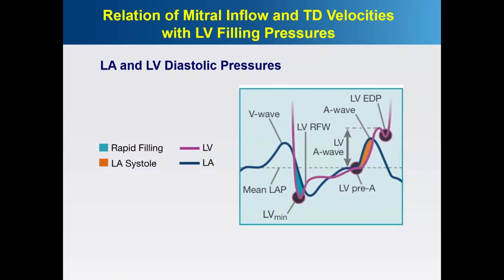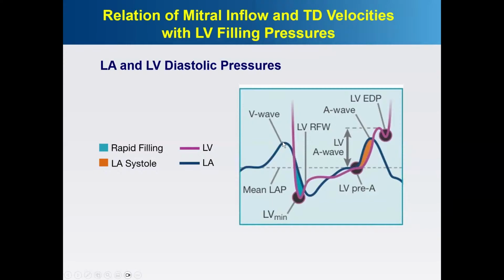The pre-A and end diastolic pressures can be measured reliably with fluid-filled catheters, but we need a micromanometer tipped catheter to look at LV minimum pressure reliably. And that's one of the challenges if one were to look at how we can reproduce these diastolic pressure relations.